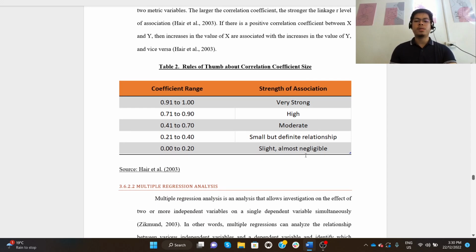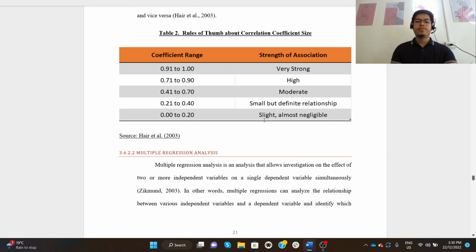So I have here the rules of thumb about correlation coefficient size. First column is the coefficient range, and second column is the strength of association. So from 0 to 0.20, the strength of association is almost negligible. 0.21 to 0.4, small but definite relationship.